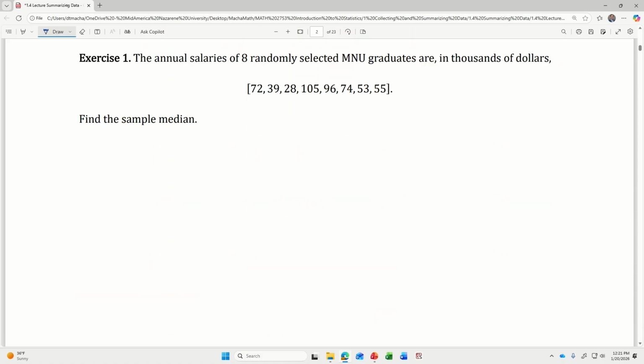The annual salaries of 8 randomly selected MNU graduates are, in thousands of dollars, $72,000, $39,000, $28,000, $105,000, $96,000, and so on. Find the sample median. So again, like I said, now that this is not provided in order, on a test I expect you to put it in order.